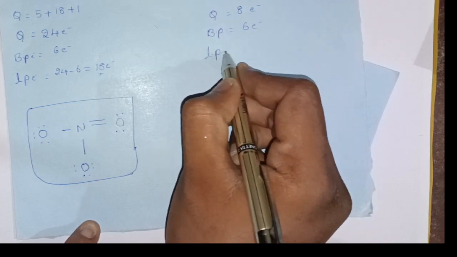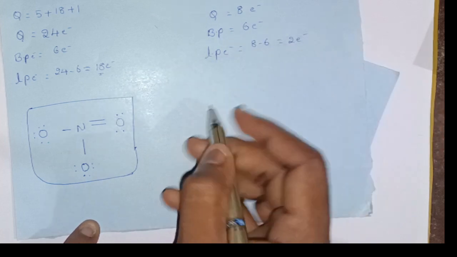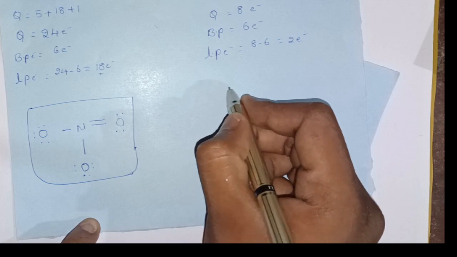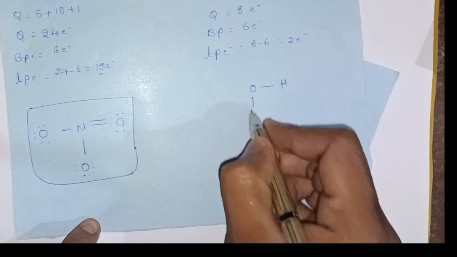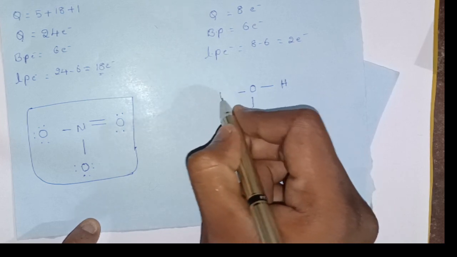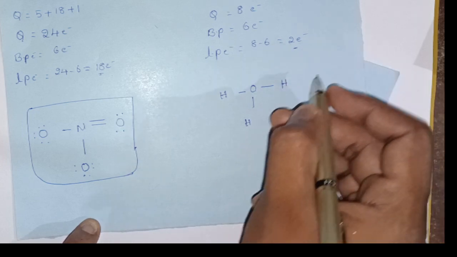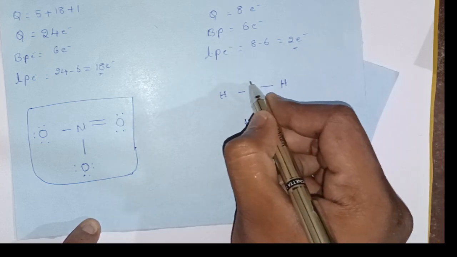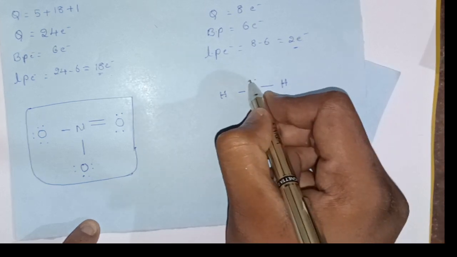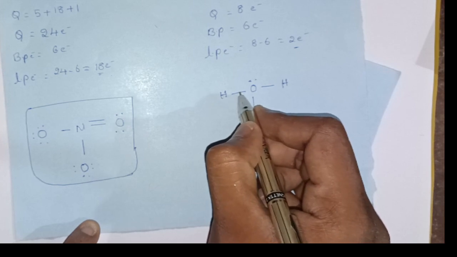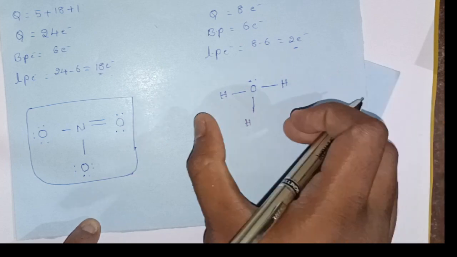Lone pair electrons is equal to 8 minus 6 is equal to 2 electrons. O is the central atom, H are corner atoms. Here only 2 electrons, that is the lone pair, should be added on the oxygen atom because the electronic configuration of hydrogen, the duplet configuration, is completed.